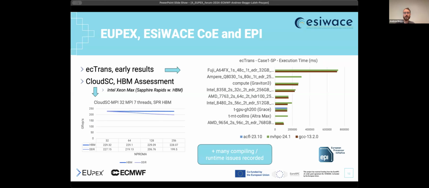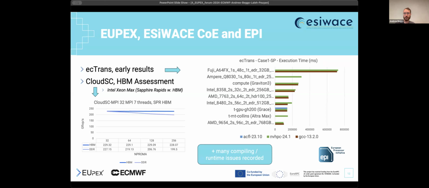And we've already had a bit of use in this. So in a couple of cases, another dwarf called EC-Trans was tested over a range of ARM CPUs and compiler suites. And that's represented on the graph on the right-hand side. And you can see that some of the bars are missing. Sometimes it's only green. We've got like one blue there.